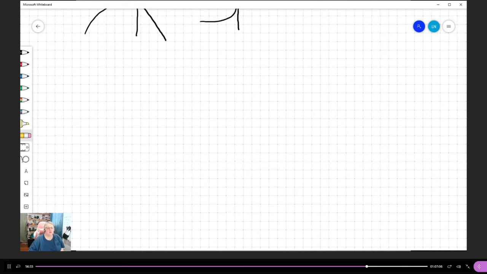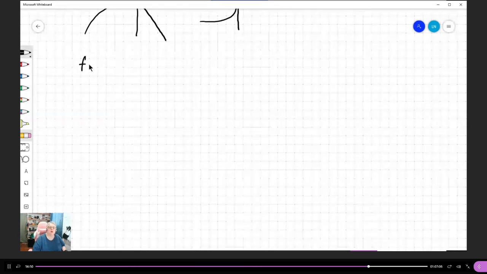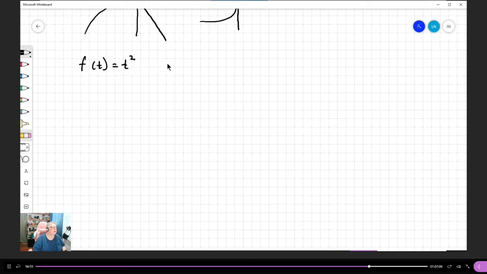All right, so we can do that on the calculator. Let me come over here. F of t equals 2t squared, t being between 0 and 30.